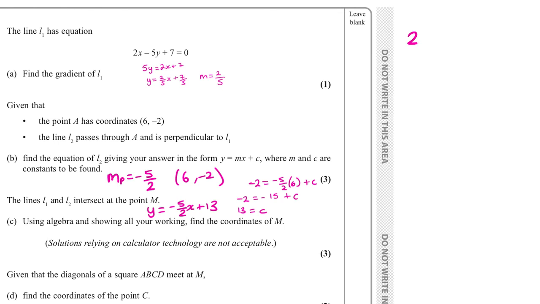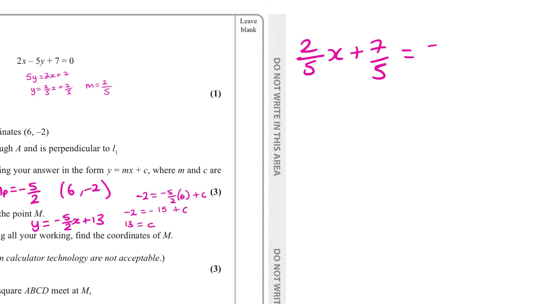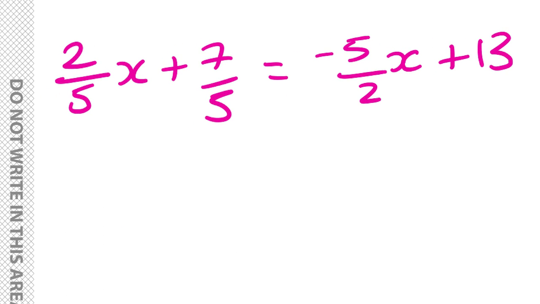I'm just going to set 2 over 5x plus 7 over 5 equal to minus 5 over 2x plus 13, because that's what y equals. I'm going to use this to find x.